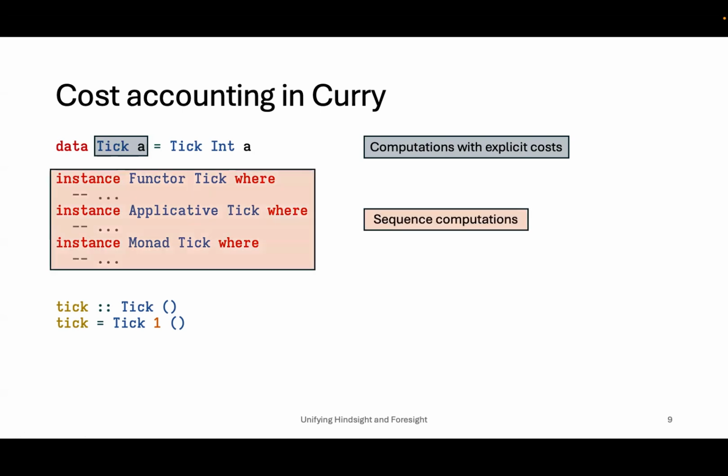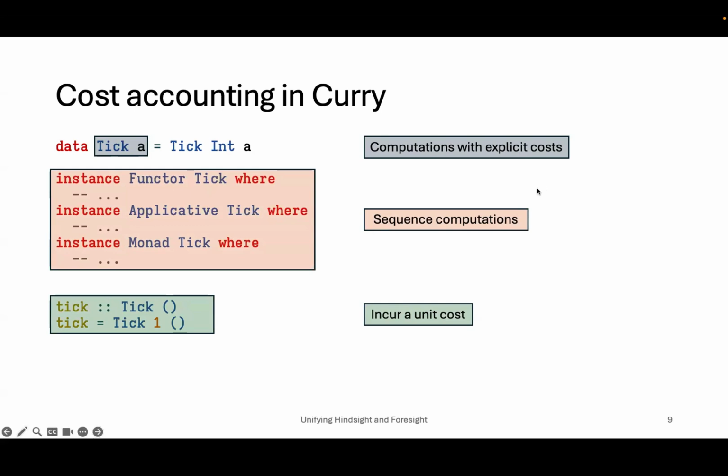We can sequence tick values, so we can do one and then do the other, and then we just add the cost together. And we have a primitive operation which just incurs a unit cost. Whenever we need to say we're incurring a cost, we'll just insert that at the point where we need it.